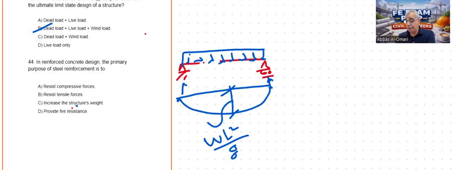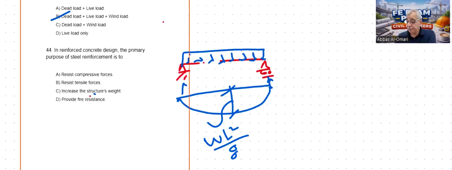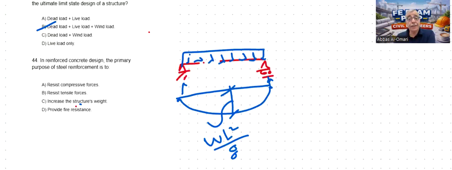So the answer is B, resist tensile forces. Because concrete can resist compression, but it cannot resist tension. So we add steel to take care of the tensile forces. So the answer is B. The next question.